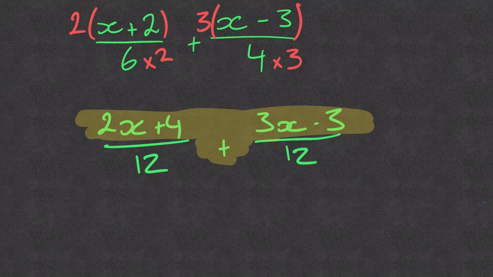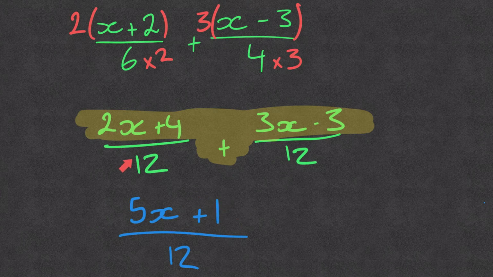So that's going to equal 5x. And you've got a positive 4 and a negative 3, so that's going to equal 1. And that's going to be over the top of 12. There's no common factors there. I can't factorise this equation on top anymore. Whereas if you said the lowest common multiple was 24, you might have been able to factorise this equation and cancel. We can't, we're done.